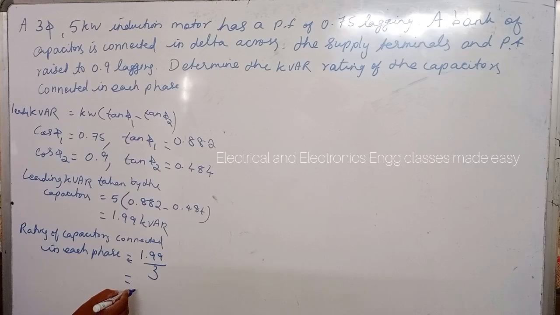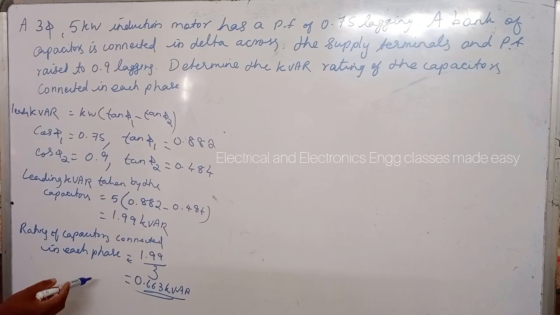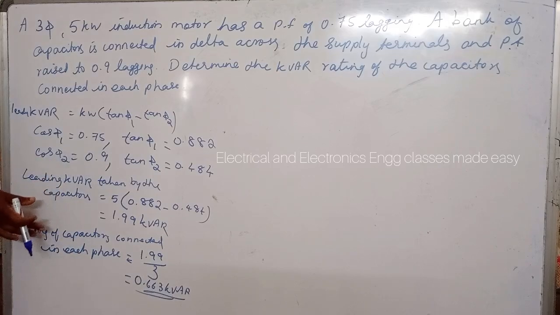So we get it as 0.663 kVAR. So the rating of the capacitors connected in each phase is 0.663 kVAR. So that is about the problems related to power factor improvement.